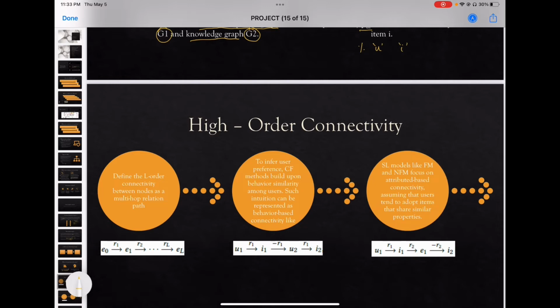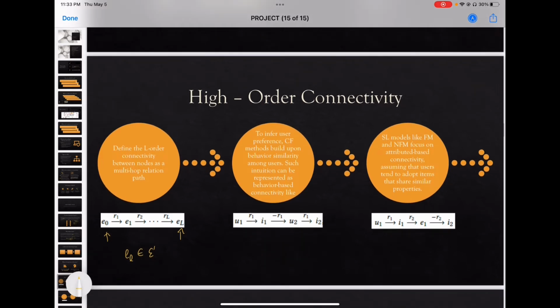Formally, we define the L order connectivity between nodes as a multi-hop relation path from e_0 to e_L, where any node in this path e_l belongs to the set E prime, and any relation in this path r_l belongs to the set R hat, and the l-th triplet will be defined as e_(l-1), r_l, and e_l.